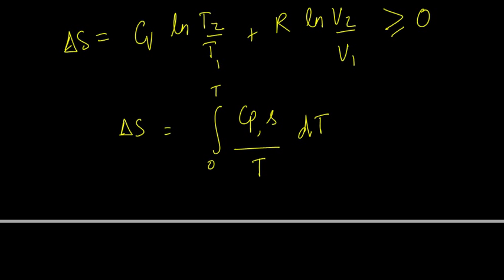So do we have any questions till now? Yes? Explanation of this feature. So it just says that if you are approaching 0 Kelvin, the change in entropy would become less.